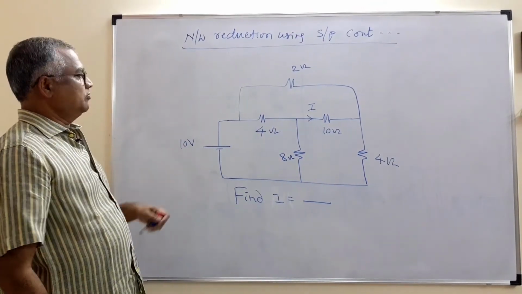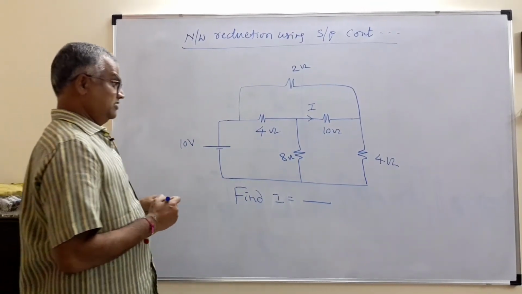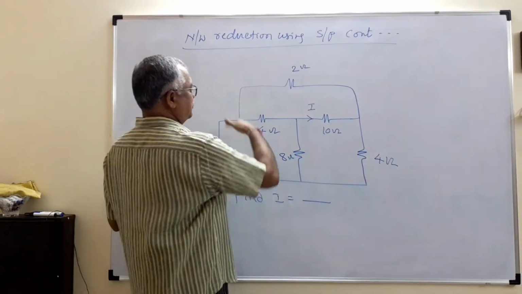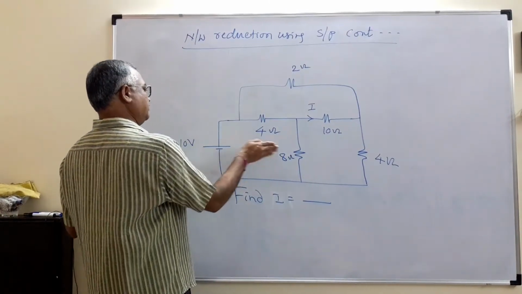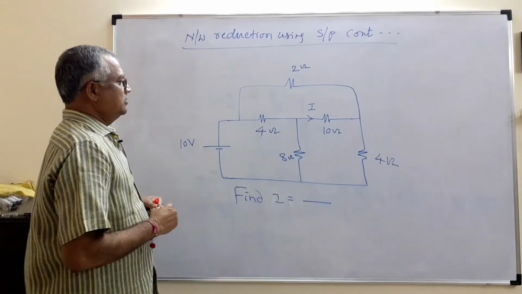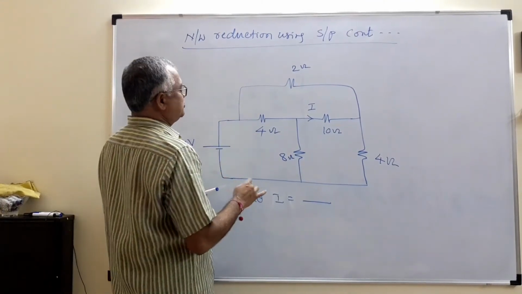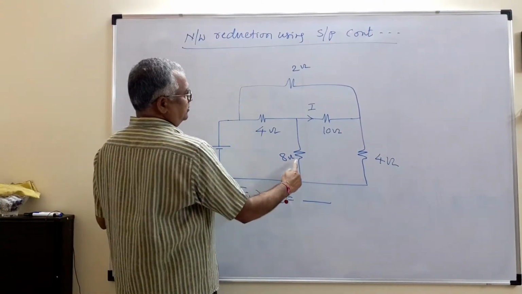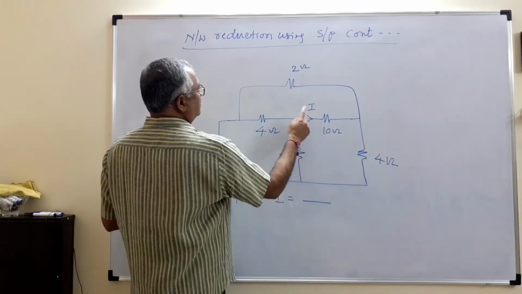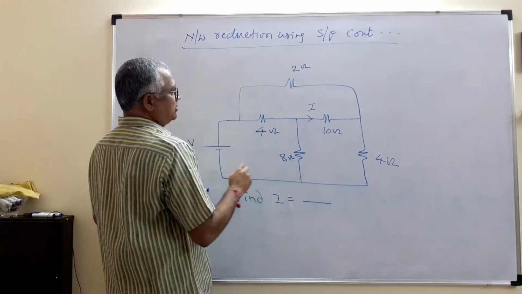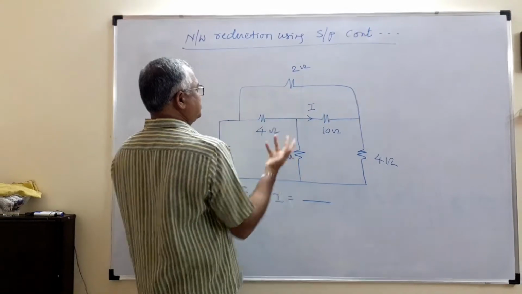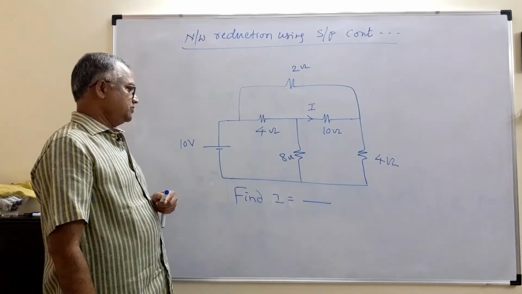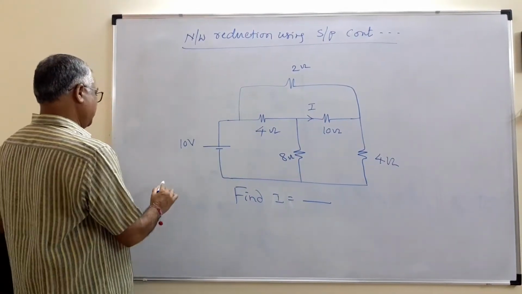It is a single source problem. If you try to find R equivalent looking from this, basically series parallel is not possible. Observe carefully. These two are not parallel and this is not parallel. If you take any two elements, not parallel, not series. So R equivalent is not possible.